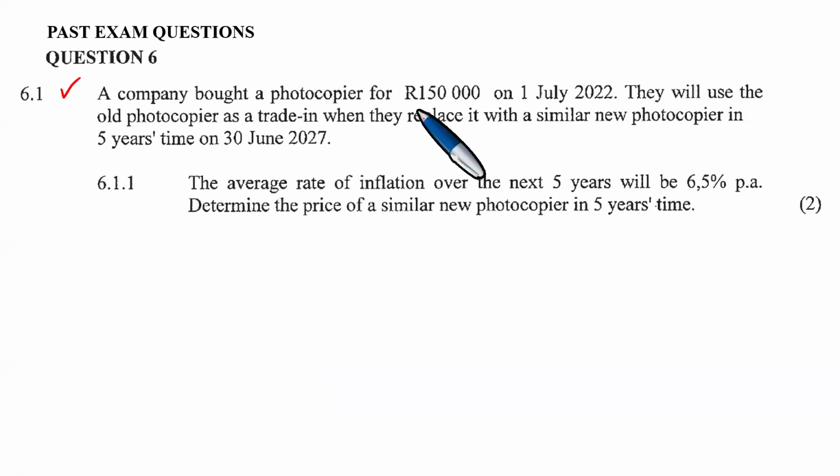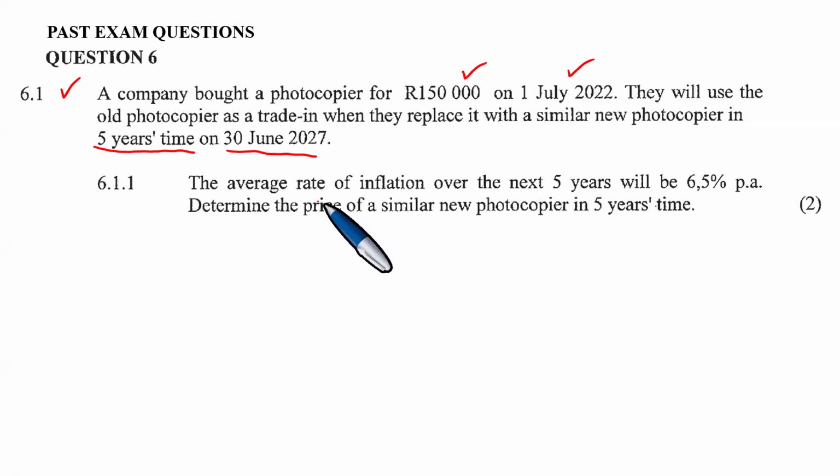A company bought a photocopier for 150,000 rand on 1 July 2022. They will use the old photocopier as a trade-in when they replace it with a similar new photocopier in 5 years' time, and that will be on the 30th of June 2027.